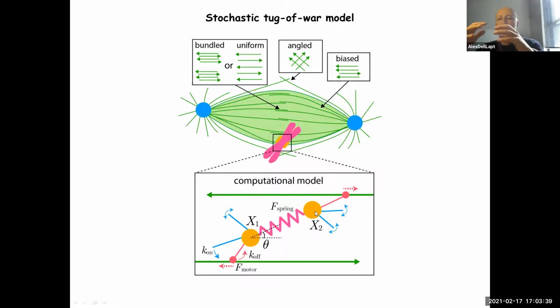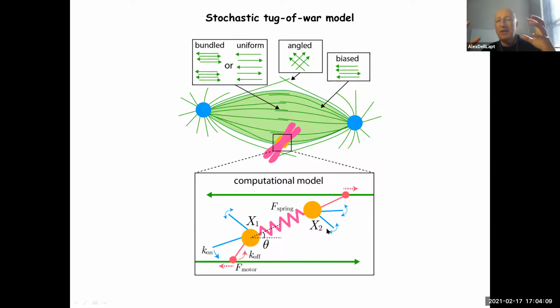It's actually not a very stringent attachment. It's as simple as kinetochores being hemispheres, and microtubules don't like to grow in that direction. They want to grow more or less normally from this hemisphere in this direction. So they try to rotate into the normal direction, and they don't like to attach in this orientation. They like to attach in this orientation, or they detach faster in this unfavorable orientation.